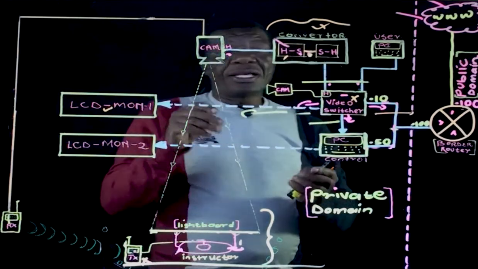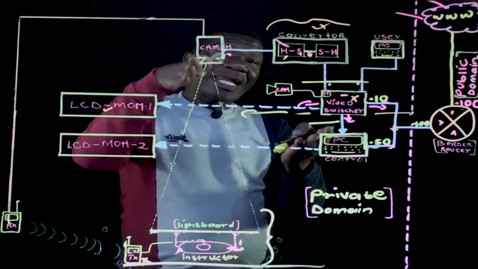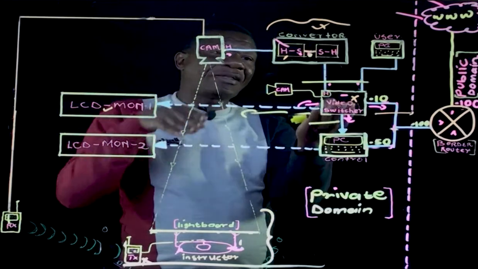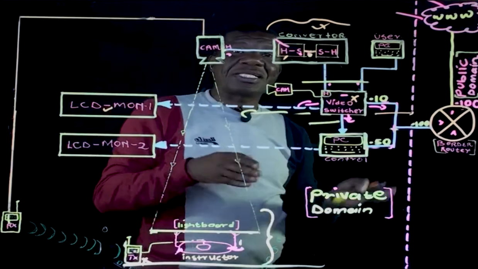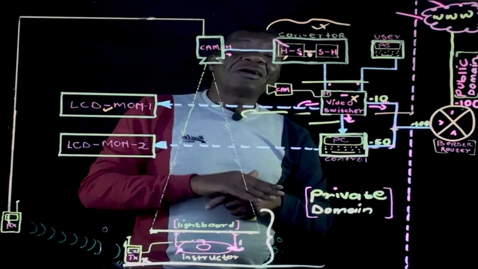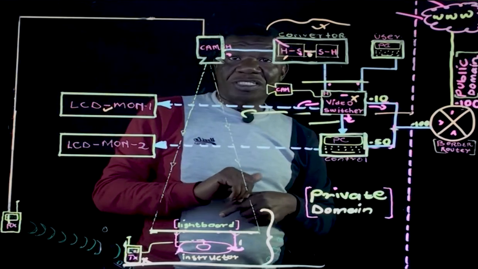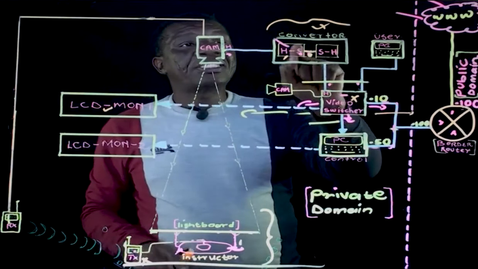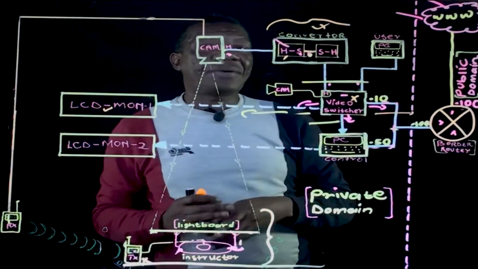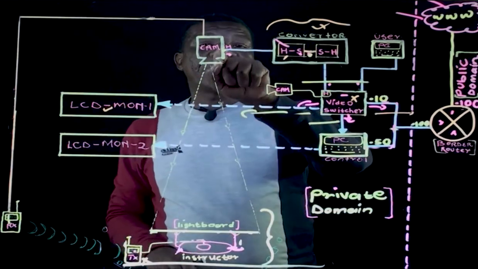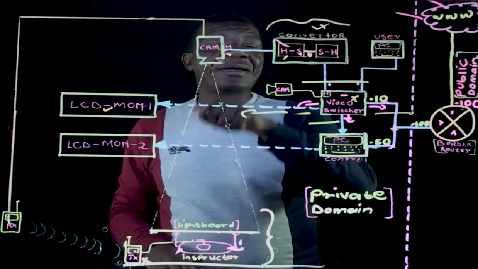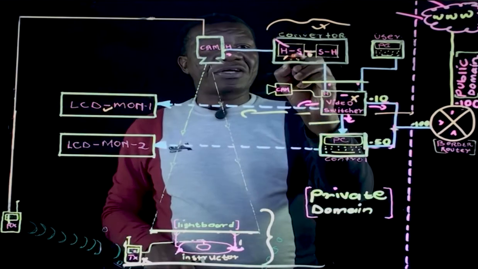So in our case, assuming that the distance between the camera and the video switcher has surpassed the allowable length of the cable for HDMI, then we need this specific converter so that we can still use an HDMI cable here and connect it to the first converter, which is this one.